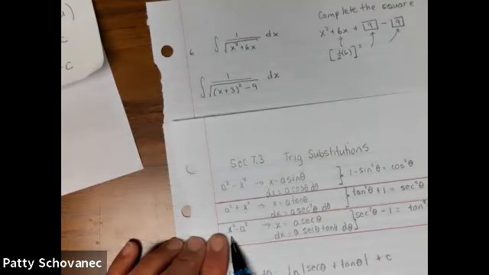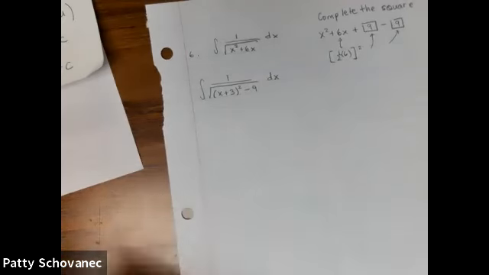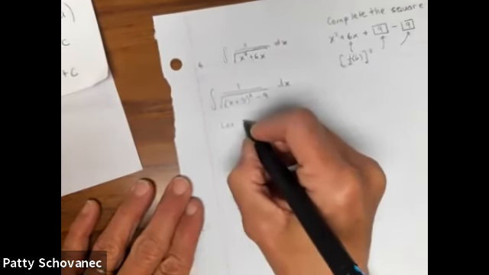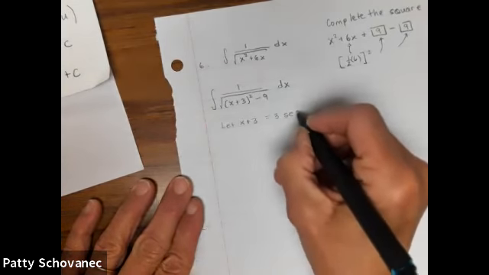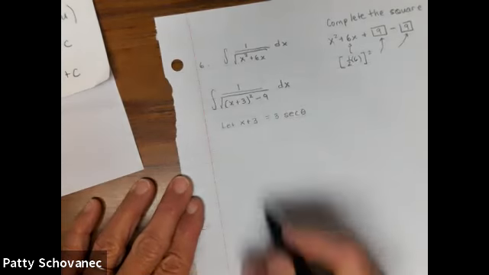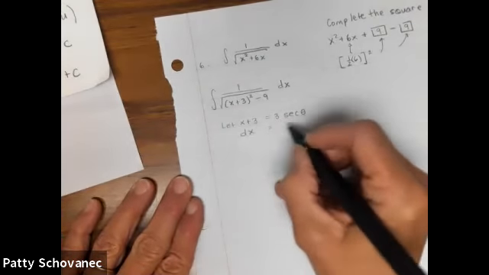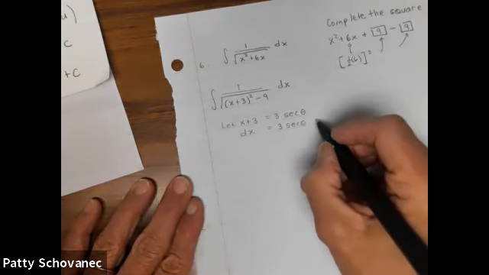Take x plus 3 to equal 3 secant of theta, so that hopefully we'll get this term in there. Now take the derivative of both sides. The derivative of the left gives me the dx. The derivative of the right gives me 3 secant theta tan theta d theta.